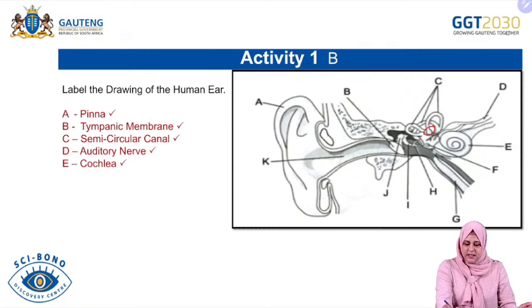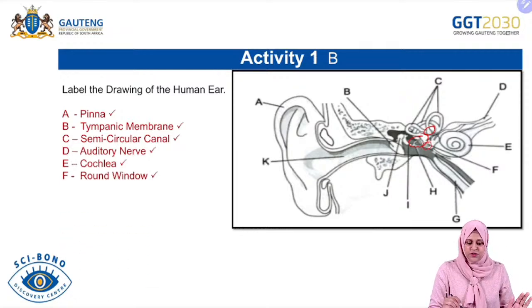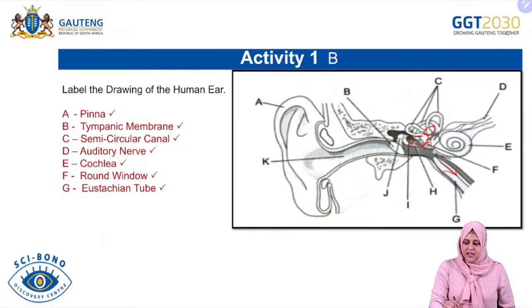F is this, there's the stapes here. You can see the stirrup or the stapes there. And F is just below it. So if it is below it, it means it's the round window. So F should be the round window. G is this tube that is going down this way here, right? And that is the eustachian tube. Okay. And then we're looking at H.